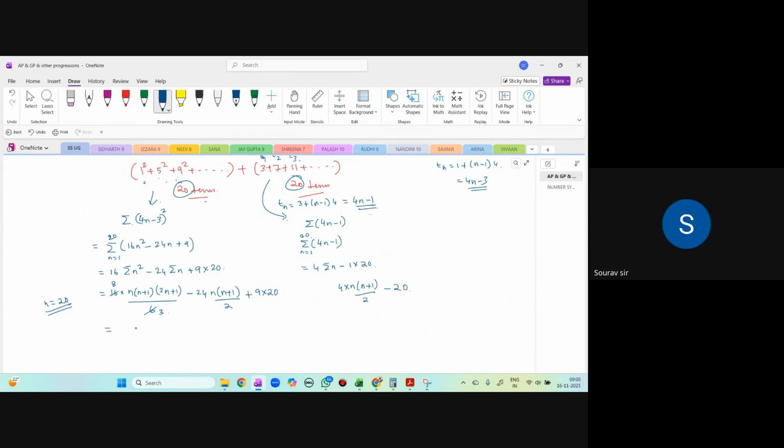So n equal to 20 will give you 8 into 20 into 21 into 41 by 3 minus 12 into 20 into 21 plus 180, and this will give you 2 into 20 into 21 minus 20. So you add this up, and take the sum. That will be the required sum.